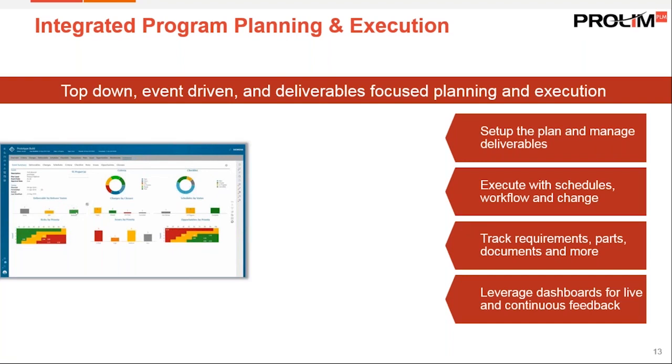And then you should have one dashboard which is giving you the current status or live status, and whatever feedback is being collected during the execution of the project, that should also be coming back to the program manager and relevant stakeholders to close the loop.